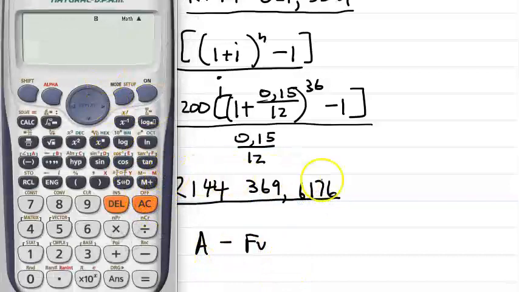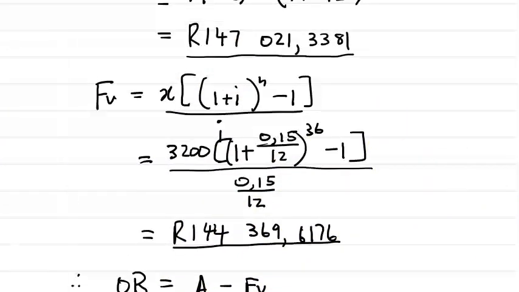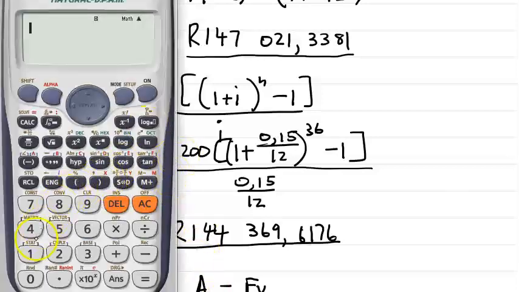So our A value is, let's go back here, there you go. So that will be 147,021 rands .3381 minus 144,369 rands .6176.